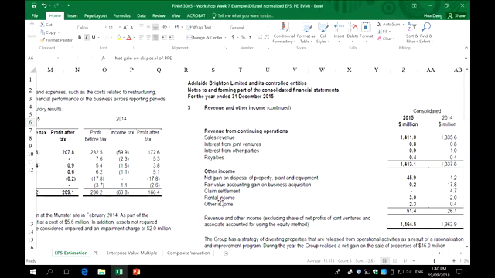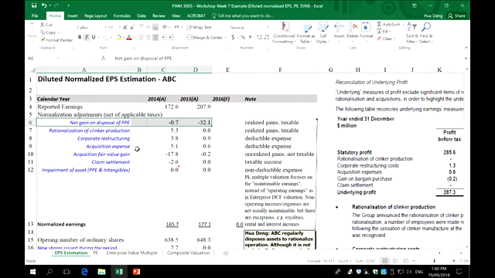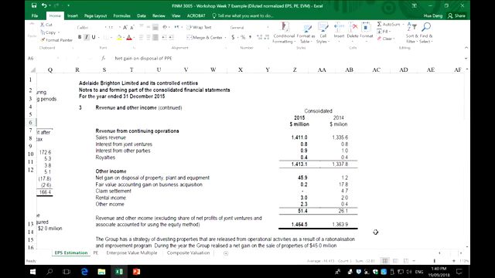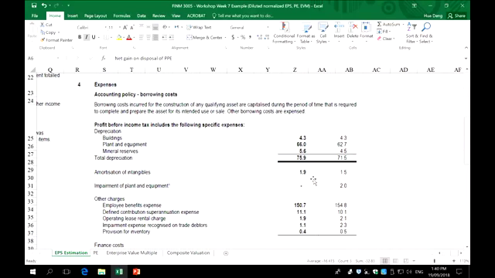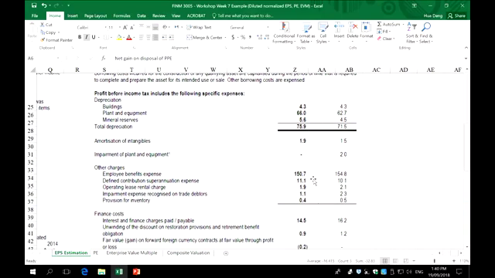So the rental income will not be removed in the normalization process, and you won't find rental income here. And then we go to the expenses. Still, we follow the same principle. We ask, is this depreciation maintainable or not maintainable? Or amortization, is this maintainable or not maintainable? So it's amortization of intangibles.